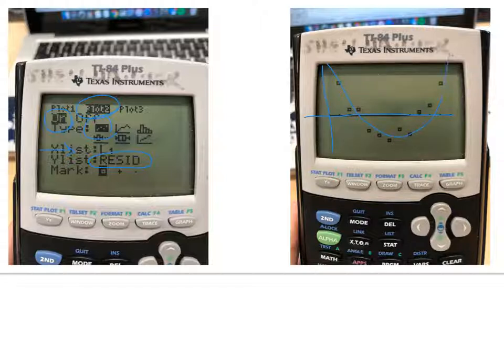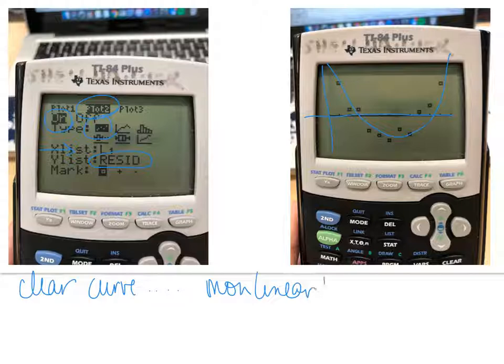It looks like a U. Even though that scatter plot was so linear, like amazingly linear, this one looks like a U, so what's that say? There's a clear curve in the residual plot. This indicates nonlinear relationship. Okay, crazy, right?